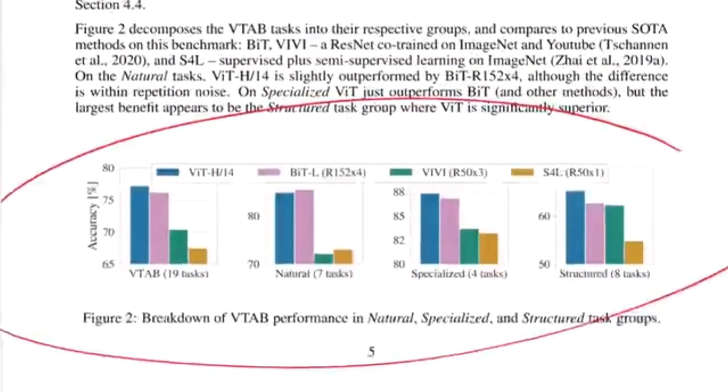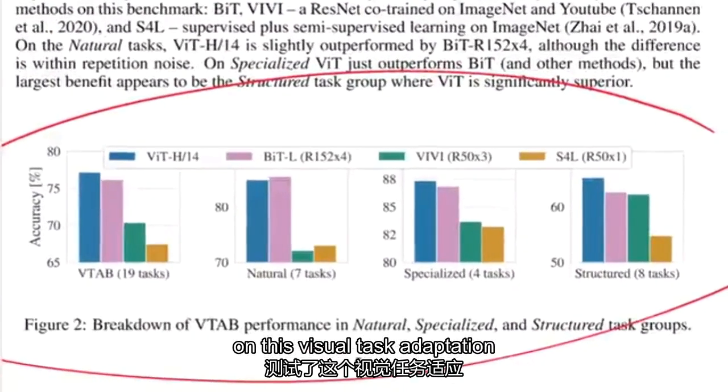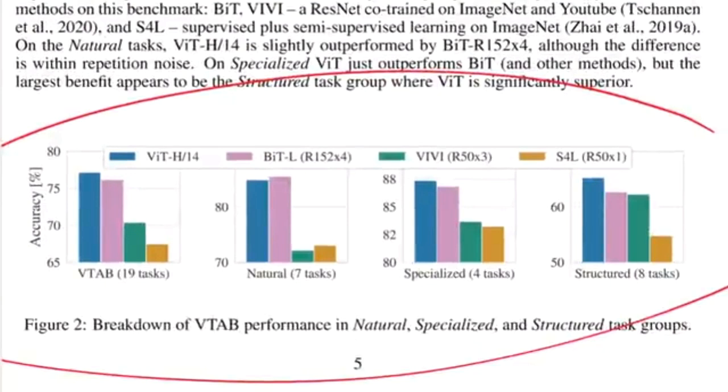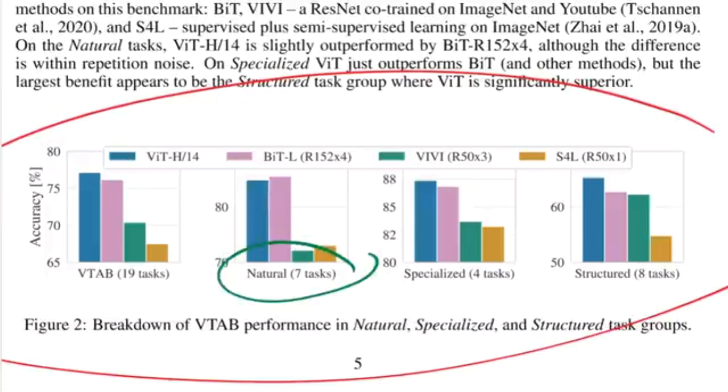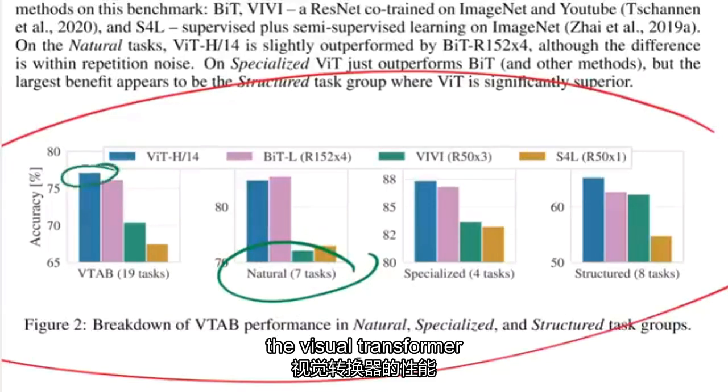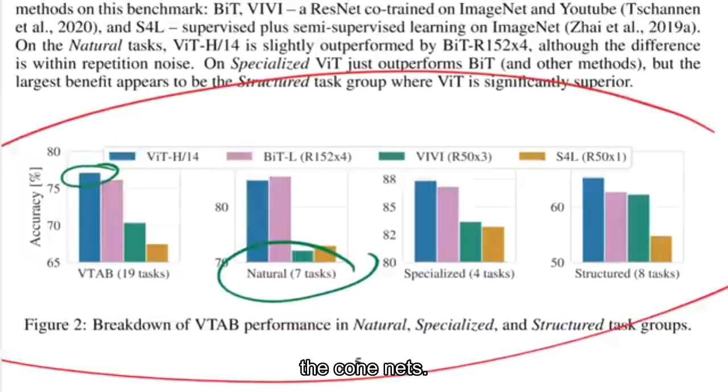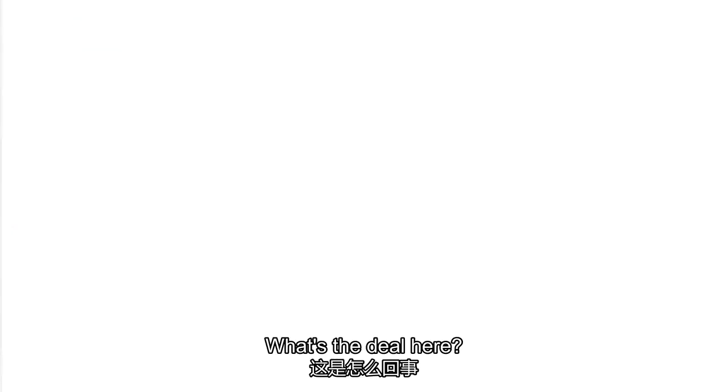Okay. They also test on this visual task adaptation benchmark, and you can see that specifically in these natural images subclass, actually both of these models make gains, but then overall the vision transformer outperforms the convnets. So what's the deal here?